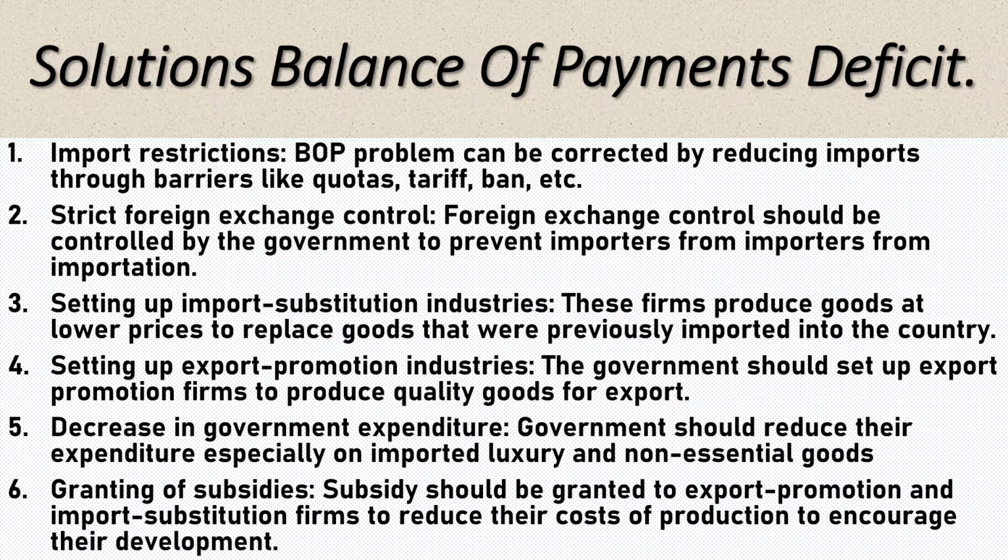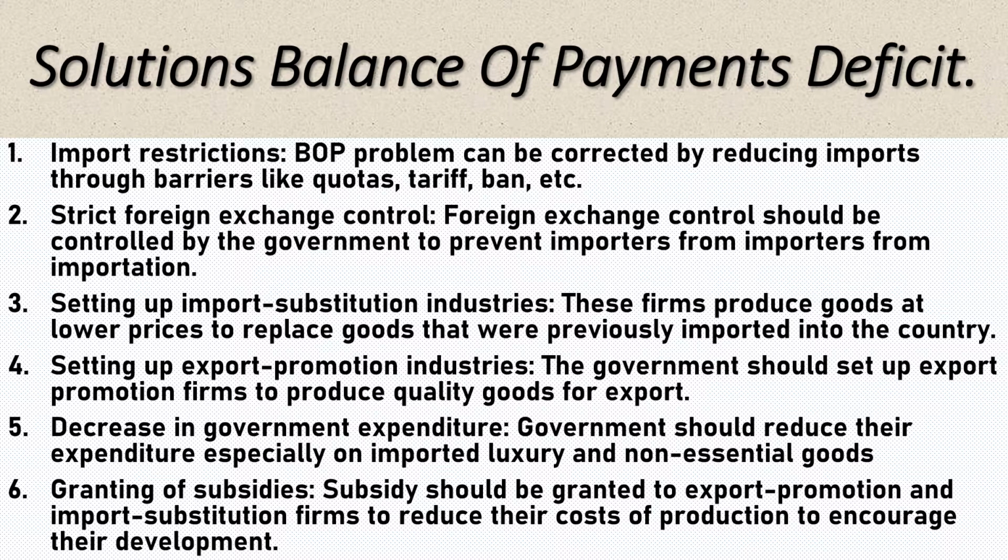Again, government can also help to correct balance of payment deficit by giving both the import substitution and export promotion firms subsidy to help reduce their cost of production, because subsidy is an encouragement to firms to keep doing what they are doing even better.